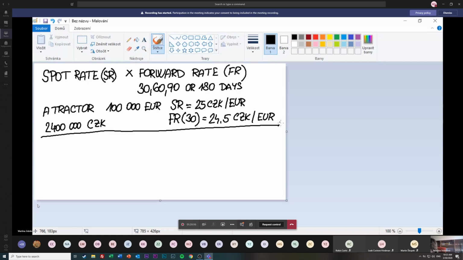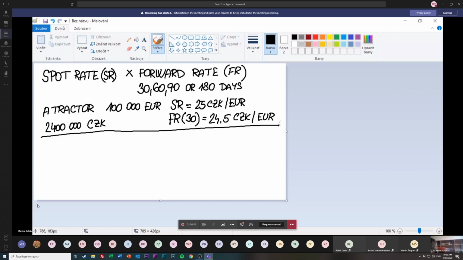So the first situation is that I am an exporter and I don't know anything about forward trade. I will just risk. So the first situation is risking.